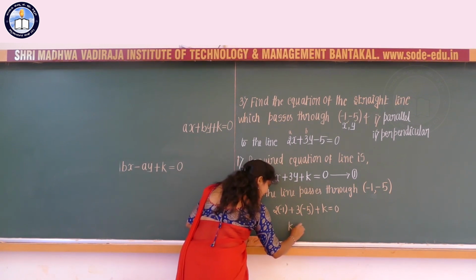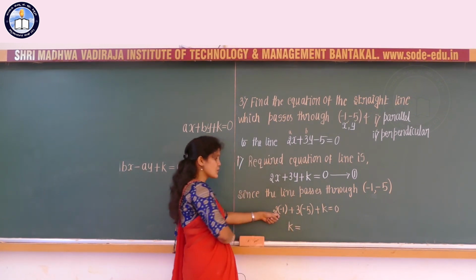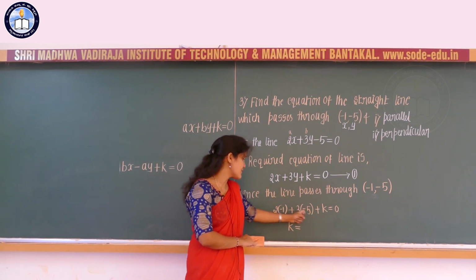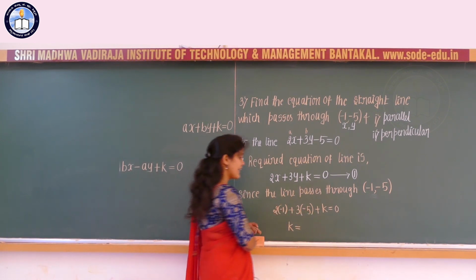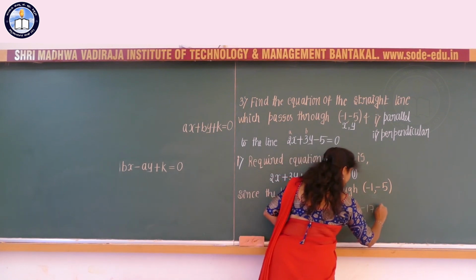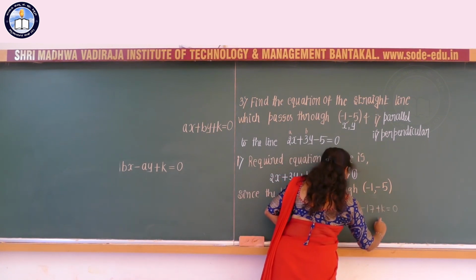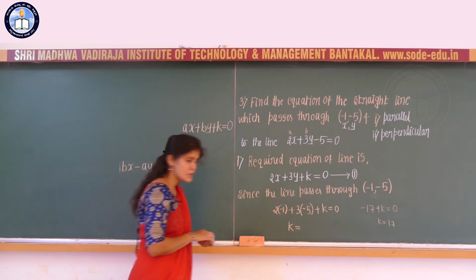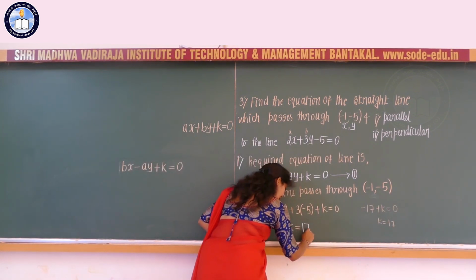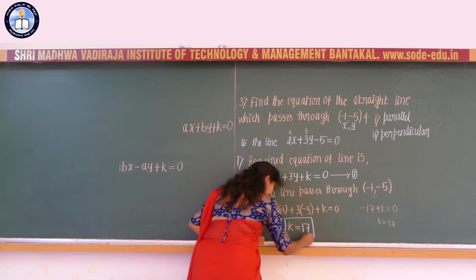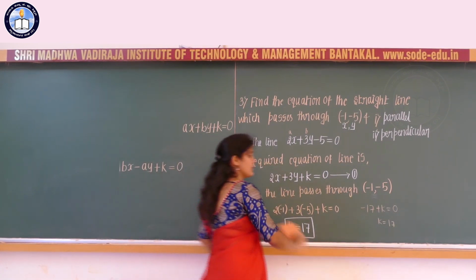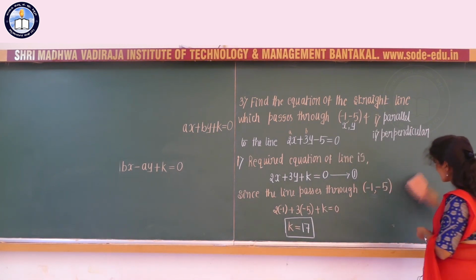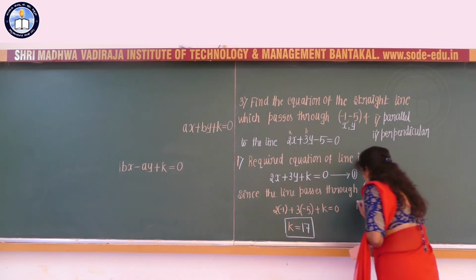What is the value of k? We get -2, and 3 into -5 is -15, so -17 plus k equal to 0. When -17 goes to the RHS, it becomes +17. So the value of k is equal to 17, right? Simplification gives k is equal to 17.